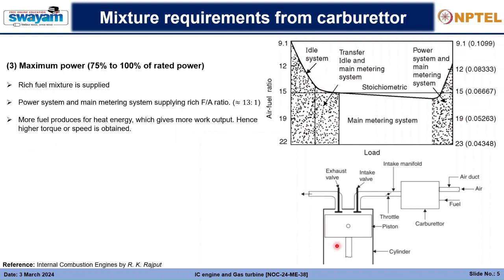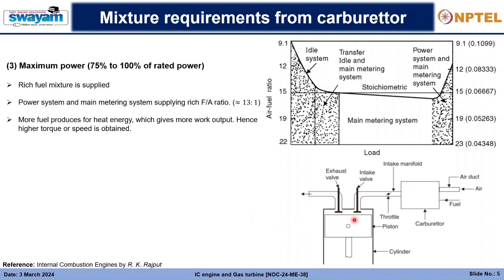So we already figured out that at higher load conditions we need more fuel in order to create more work done. But again, if we need a higher load condition, we could have already opened the throttle valve to the maximum, and the maximum volume of the same air fuel mixture in the stoichiometric condition would have been supplied.